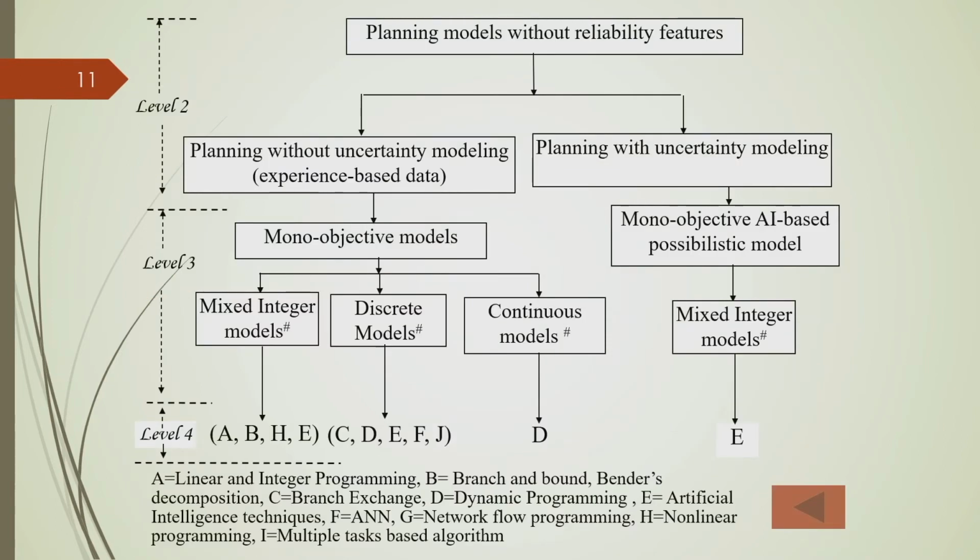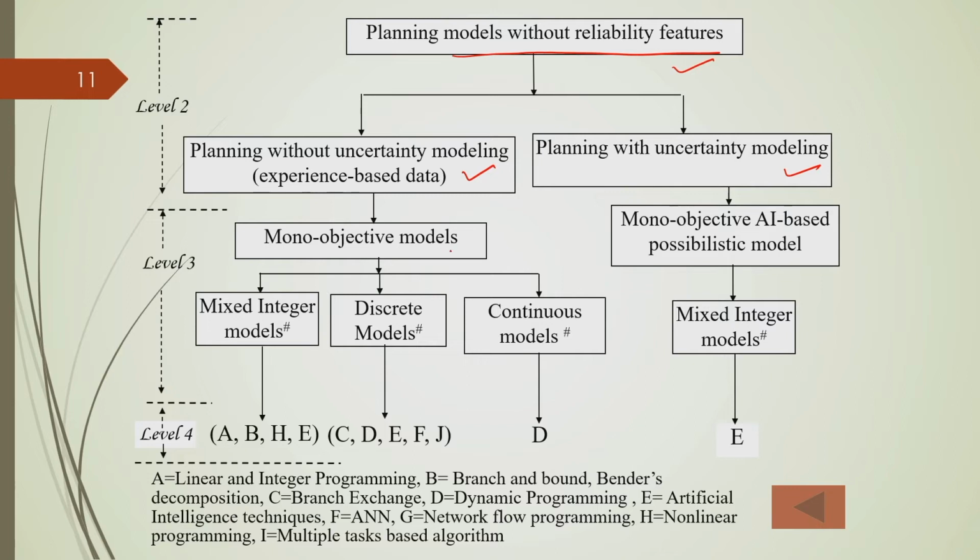Now, you can see the level 2 classification is for these planning models without reliability features. It also has subcategories by which uncertainty modeling is done: one is experience based data, another is uncertainty modeling. Then in level 3 we have whether single objective or multi objective optimization is carried out, and what types of decision variables we have.